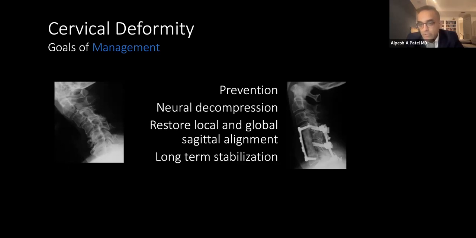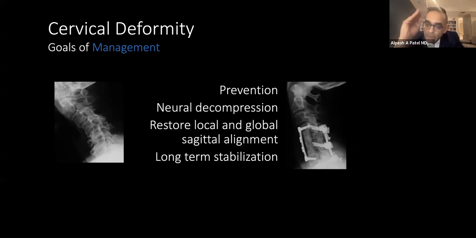We want to get them neurologically decompressed. Many of these folks will have myelopathy or a radiculopathy, so we've got to get their neurological decompression done. That's probably the most important thing we do for these individuals. We do want to restore both local and global sagittal alignment. To Eric's question, which one do I think matters more? Mostly global sagittal alignment, except in some cases.